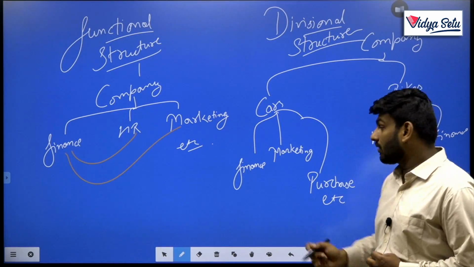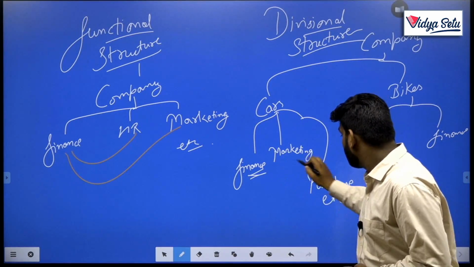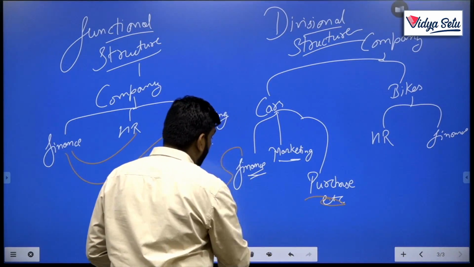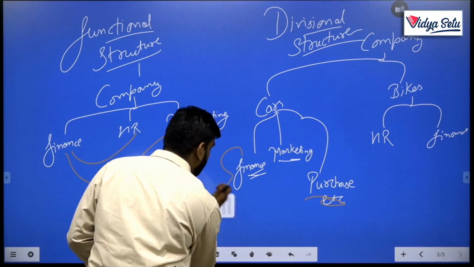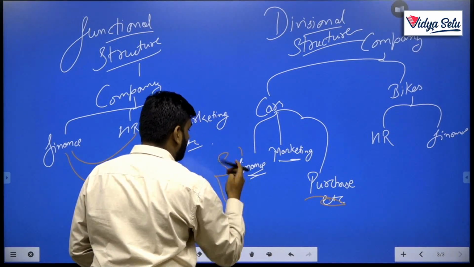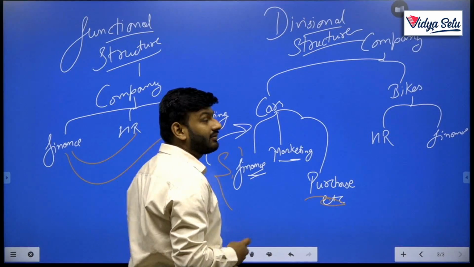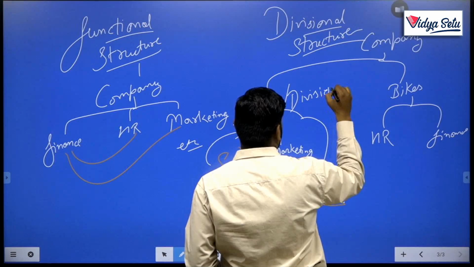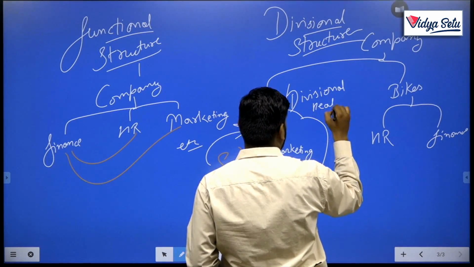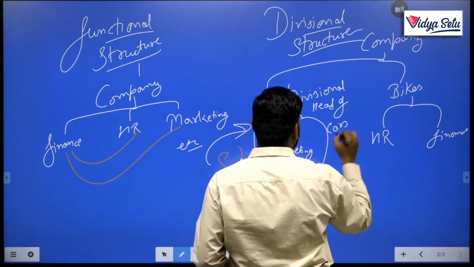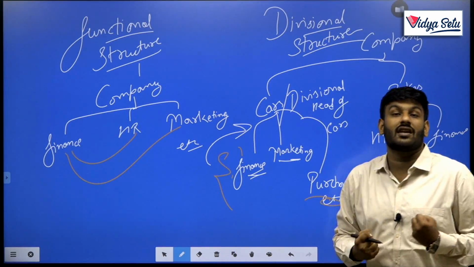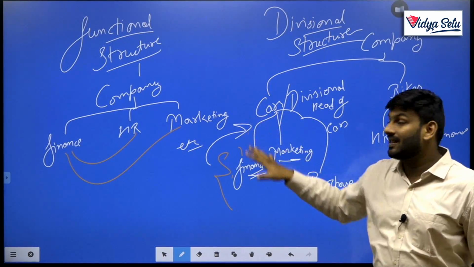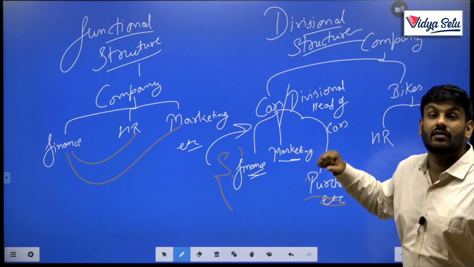Now the coordination requires that each functional manager should be coordinated, because they have to report their resources to the divisional head of cars. Each and every functional manager or department is going to report to the divisional head, and they need to be coordinated as well as utilize the resources.